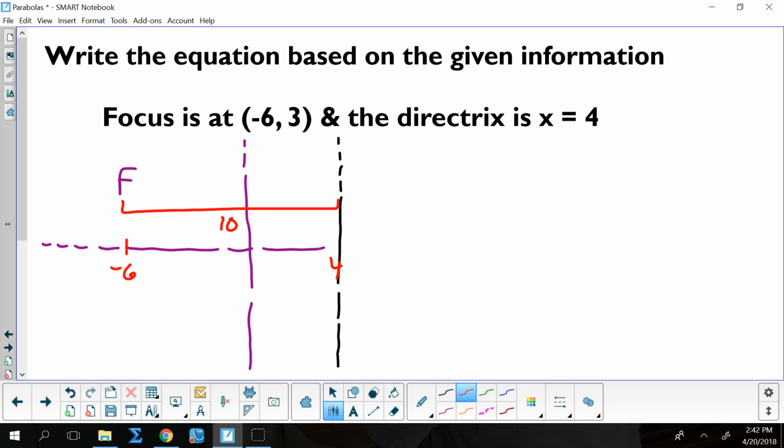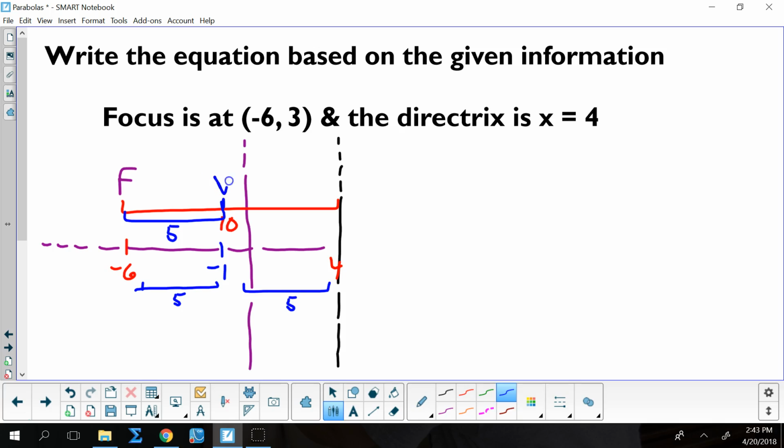But I need to know where my vertex is. My vertex is going to be half of that. It's going to be at the midpoint between the focus and the directrix. So that's going to be a distance here of 5. So that's going to put that at negative 1. So this distance is 5. This distance is 5. Okay?